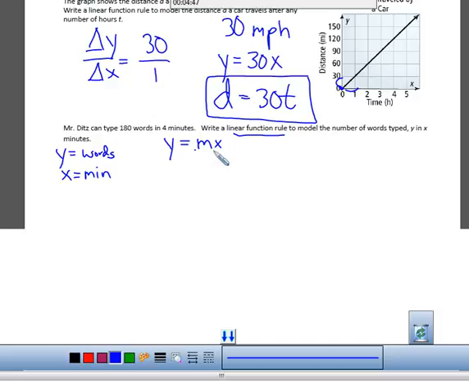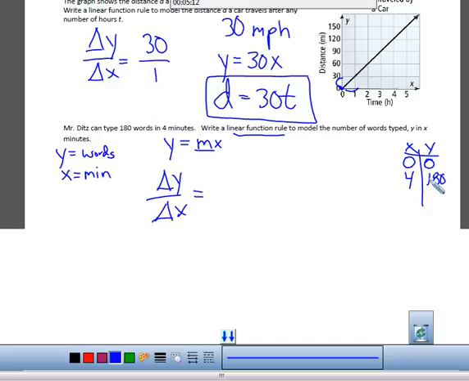So I need to find my m. m is going to be equal to the change in y over the change in x. Since it starts at the origin, if I want to think of a mini table here, it would be 0, 0, and then my time, x is 4 minutes, my y is 180.